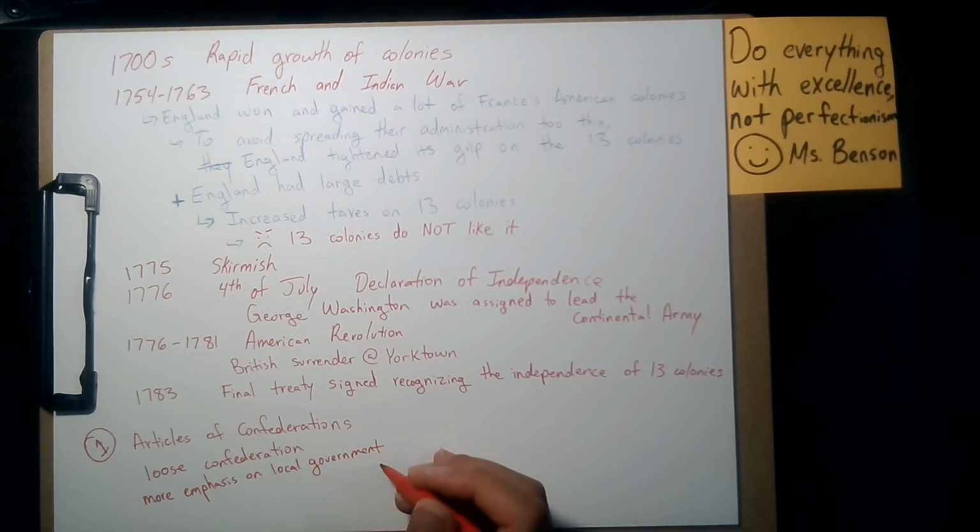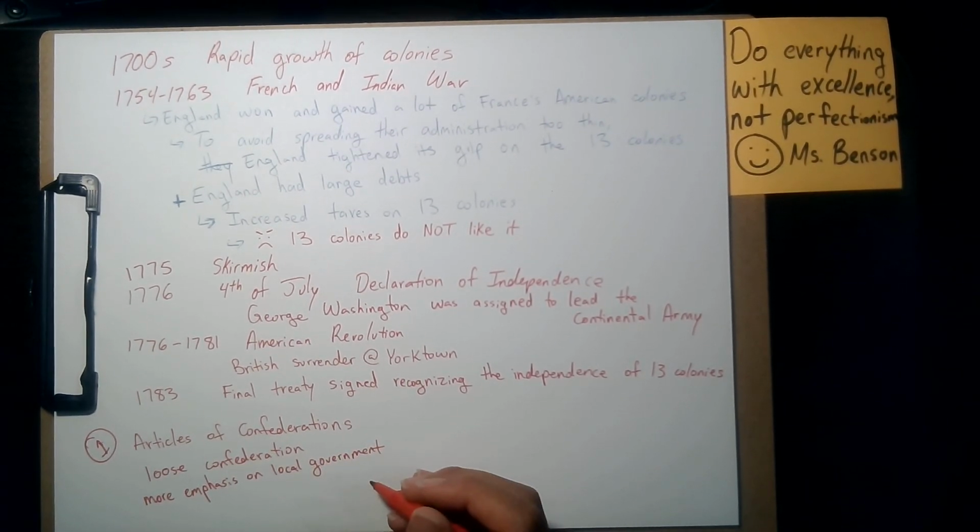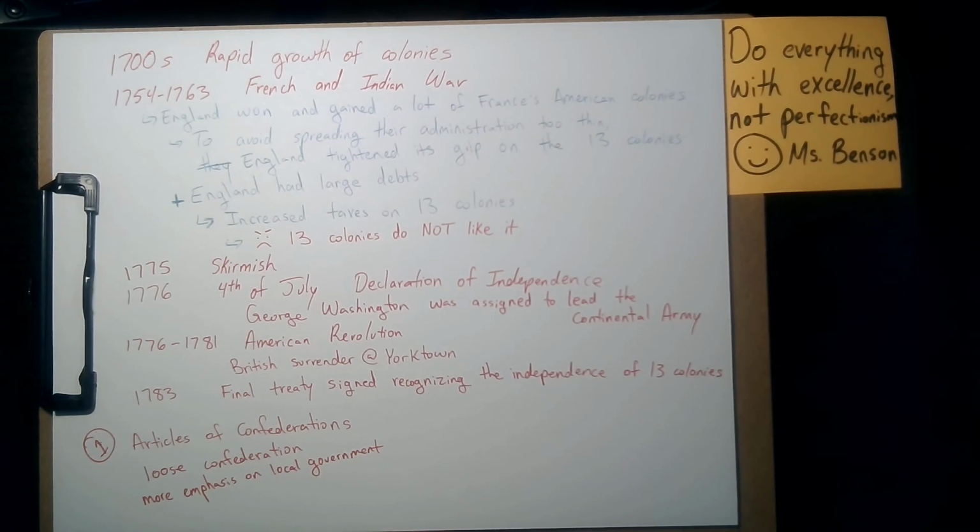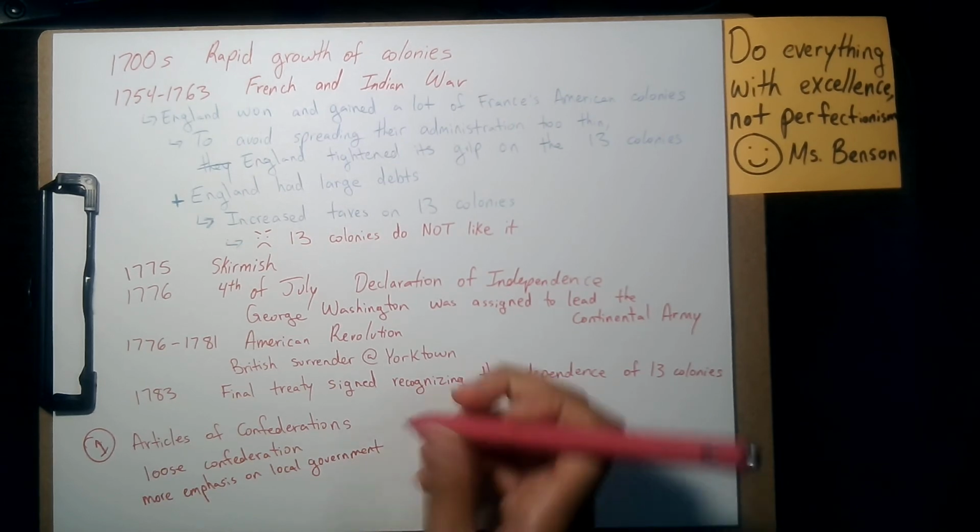However, this was not effective. It was not strong enough. If one of the colonies was suffering, they couldn't really ask for more help from their sister colonies. So there was a need for centralized government.